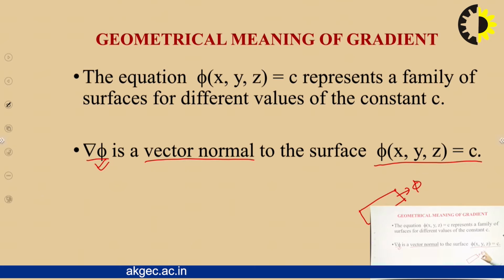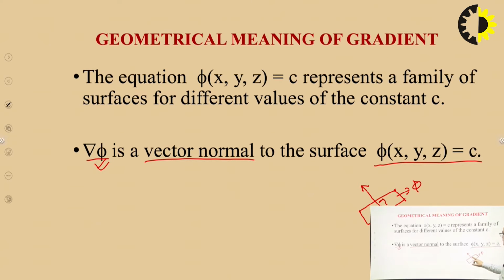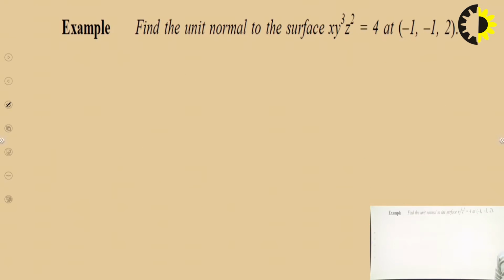So if we take the gradient of this phi, the vector we get will be perpendicular to the surface phi. Then the example for this is: find the unit normal vector to the surface x y cube z square equal to 4 at the given point minus 1, 2.